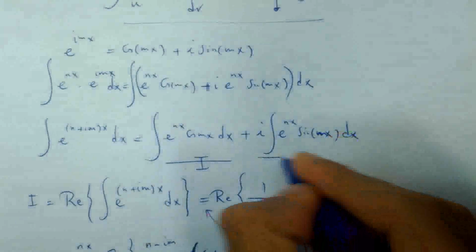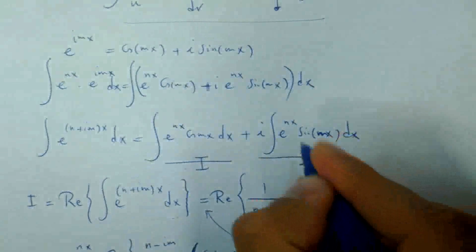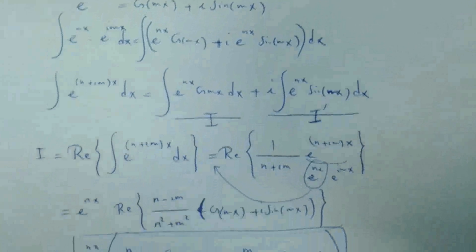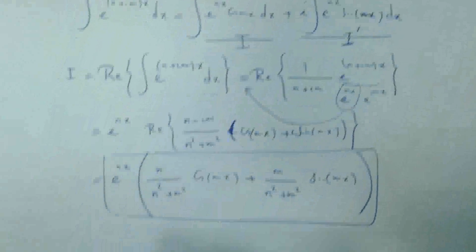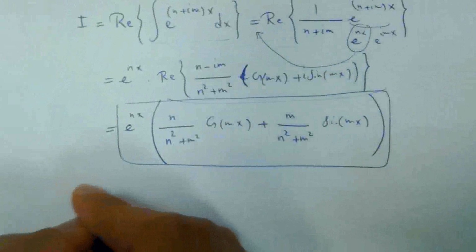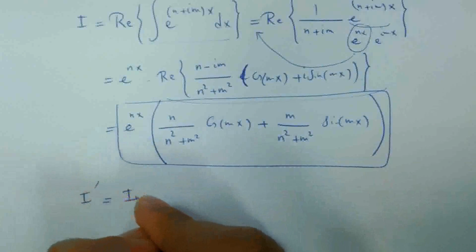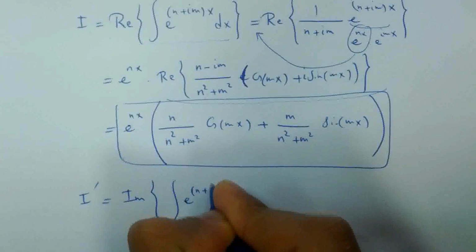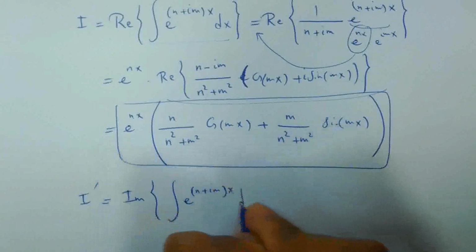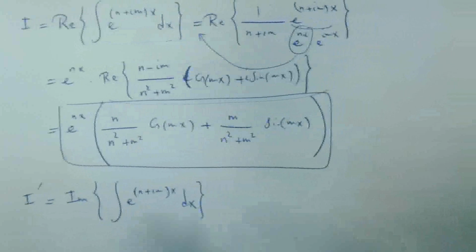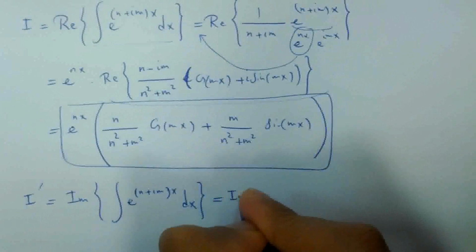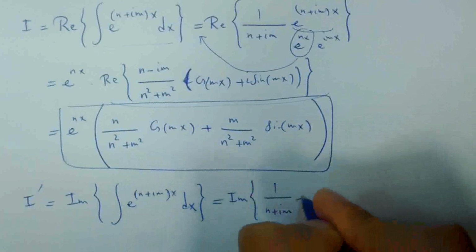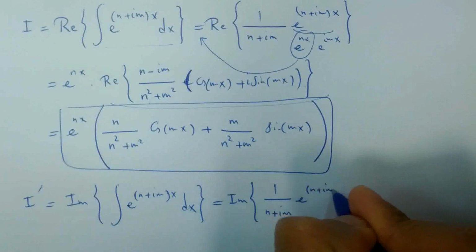In the same way, if I consider the integral of e to nx times sine mx, I can say that I prime is the imaginary part of the integral of e to (n plus im)x dx, or the imaginary part of 1 over (n plus im) times e to (n plus im)x.